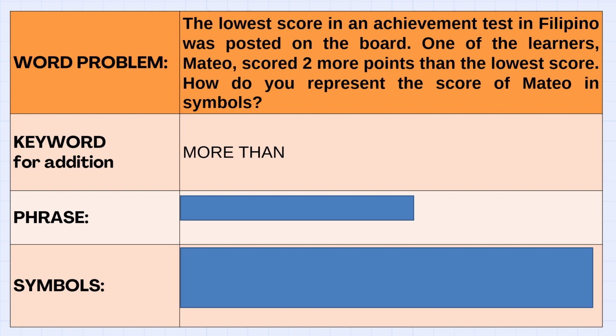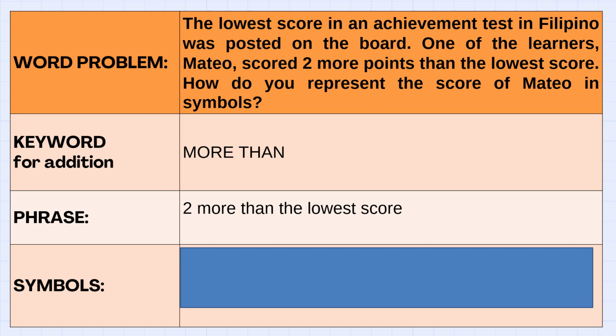Next, identify the mathematical phrase that can be extracted from the problem. So in the second sentence, one of the learners, Mateo, scored 2 more points than the lowest score. So the phrase is 2 more than the lowest score, since we are asked to represent the score of Mateo in symbols. Now, how do we translate 2 more than the lowest score in symbols?